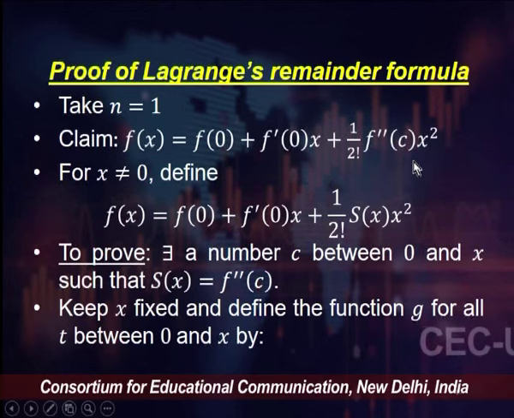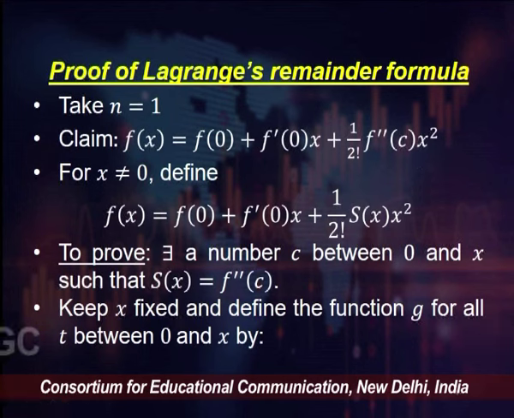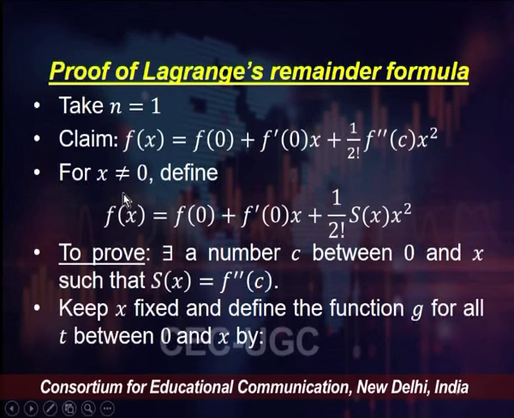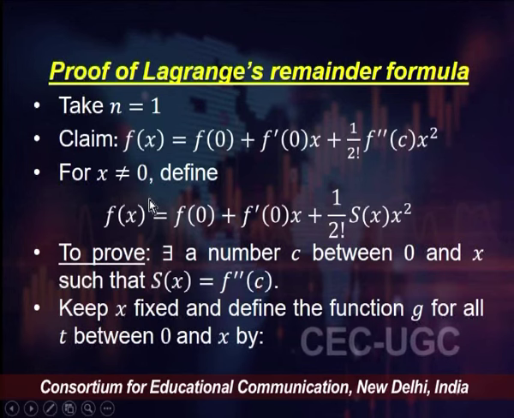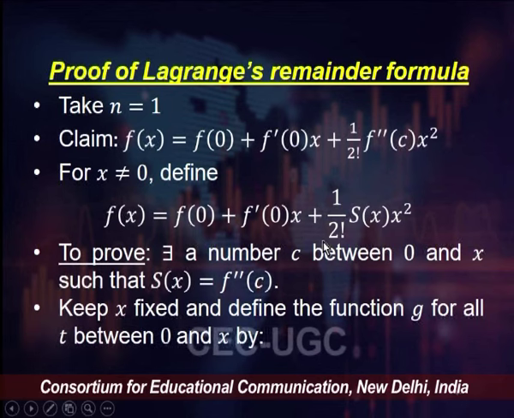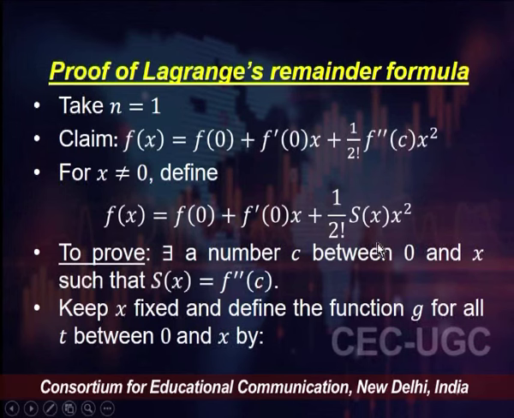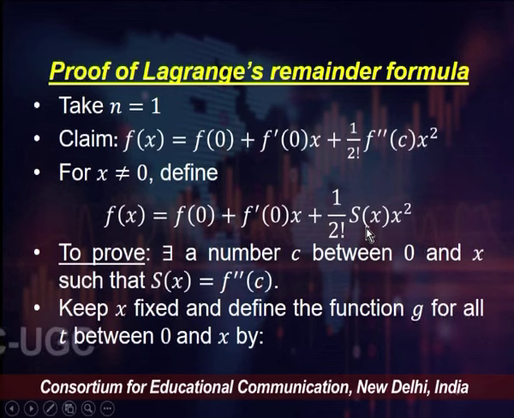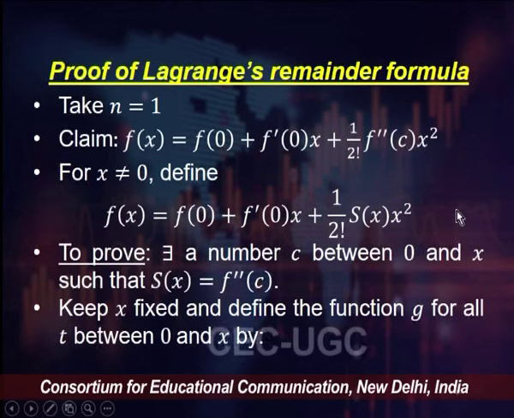This is precisely my Taylor's formula. So, this is what I will be proving. But to get there, let us define for x not equal to 0, f of x equal to f of 0 plus f prime at 0 times x plus 1 by 2 factorial s of x times x squared, where s of x is a function which is implicitly defined by this equation here, right.